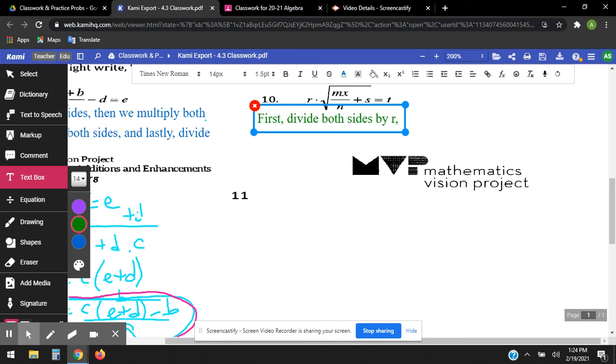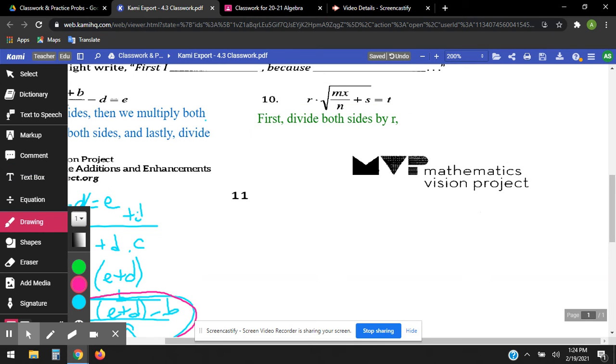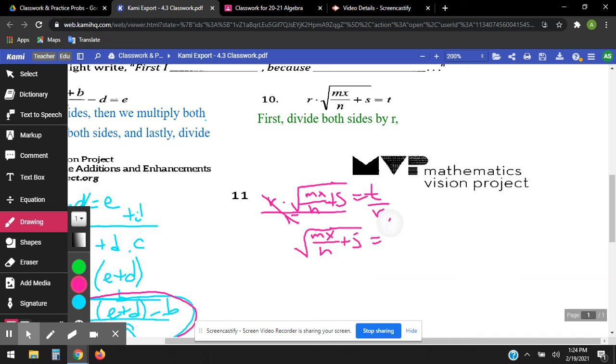Okay, so let's draw that down here. So we have r times the square root of mx over n plus s equals t. If we divide both sides by r, we're left with the square root of mx over n plus s equals t over r.